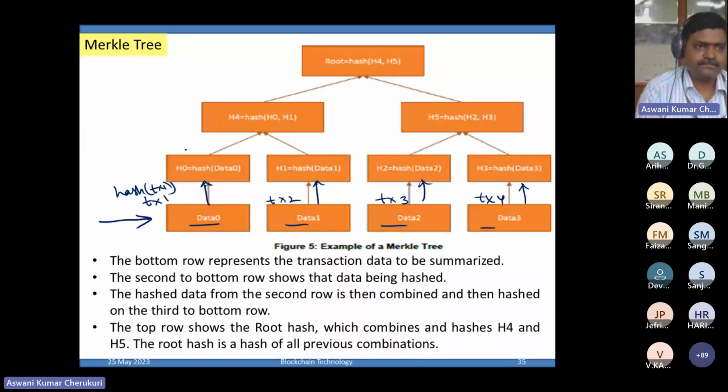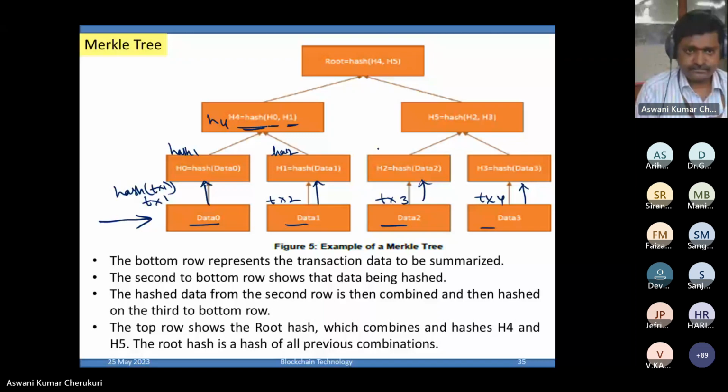Then you take hash 0 and hash 1, put them together, and create a new hash, which is hash 4. Now the hash of these two hashes is another hash.